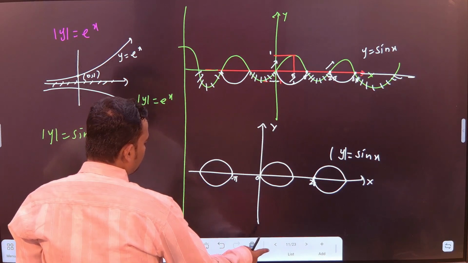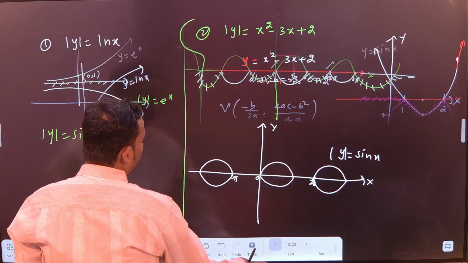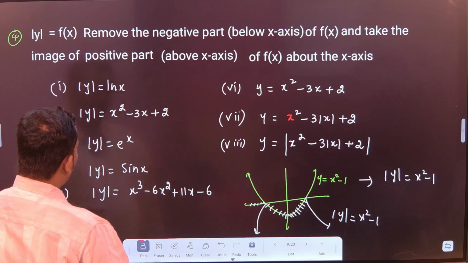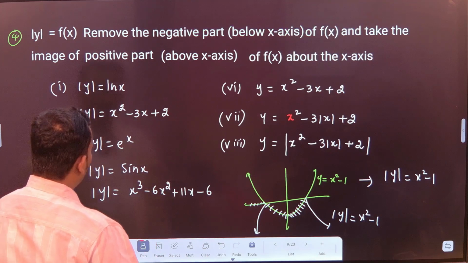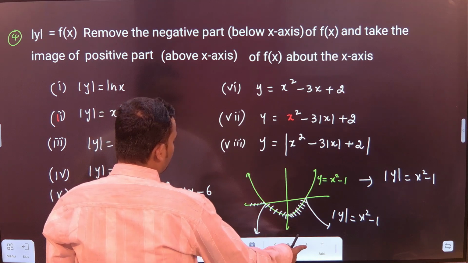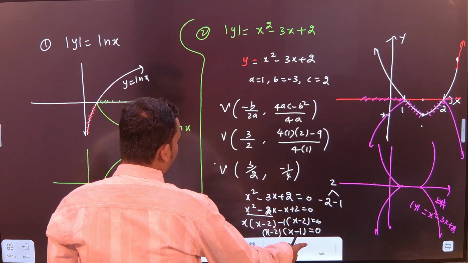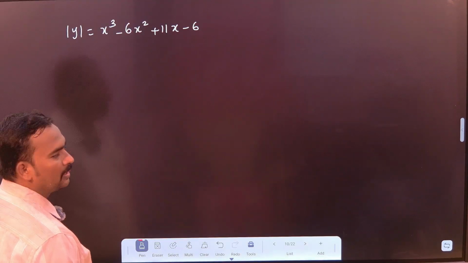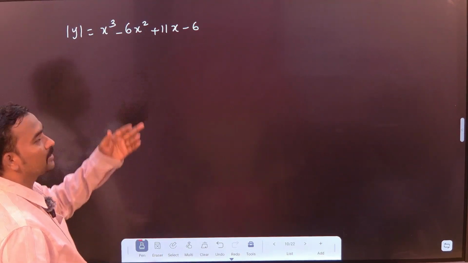Next graph you can see. What is the next graph? Mod y is equal to x cube minus 6x square plus 11x minus 6, right?